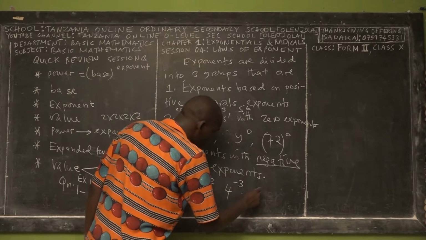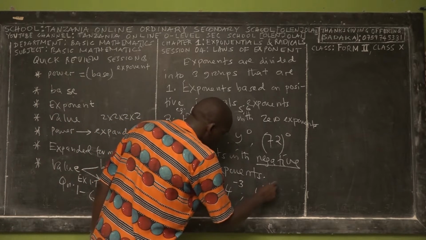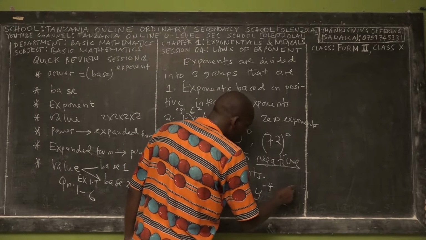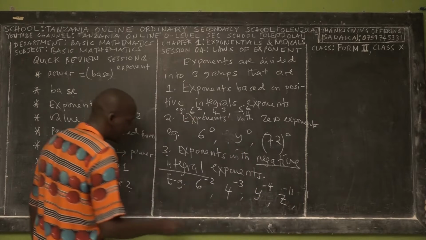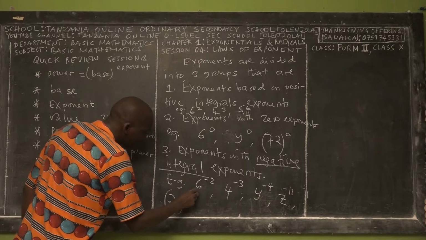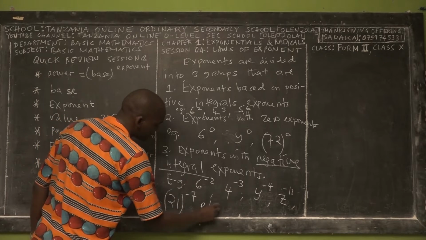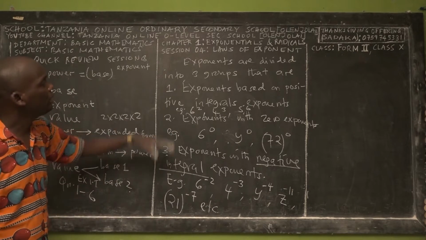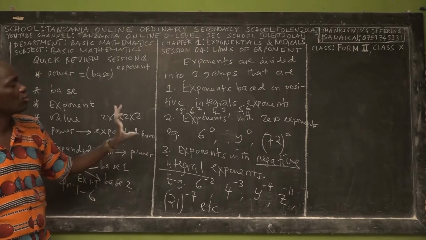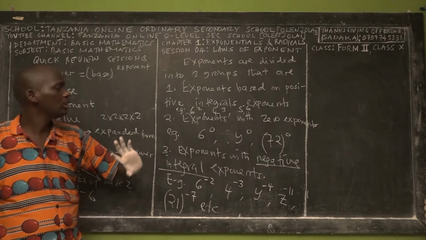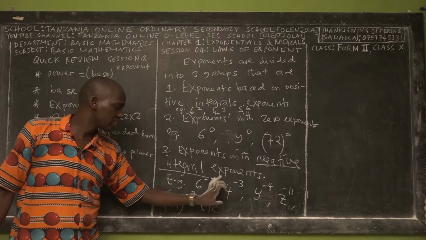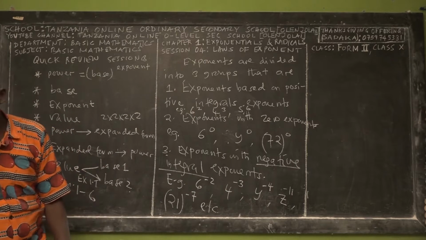Again, we can have, let's say, y power negative 4. Also, you can have z power negative 11. Also, you can have 21 power negative 7, etc. When we learn about laws of exponents, we'll be categorizing them: laws of exponents regarding the second category, laws of exponents regarding the third category.